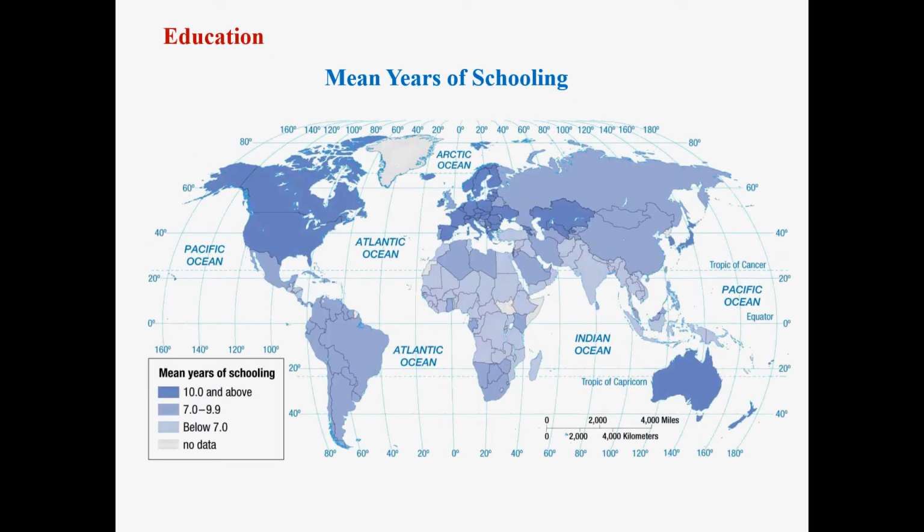And education, the average years of schooling, you can see that in South Asia, Southeast Asia, part of sub-Saharan Africa, they have relatively lower average years of schooling.